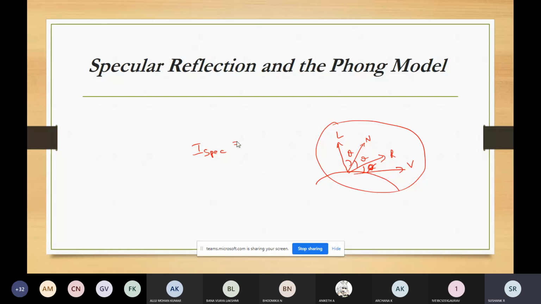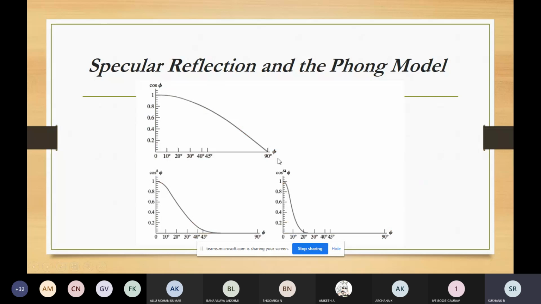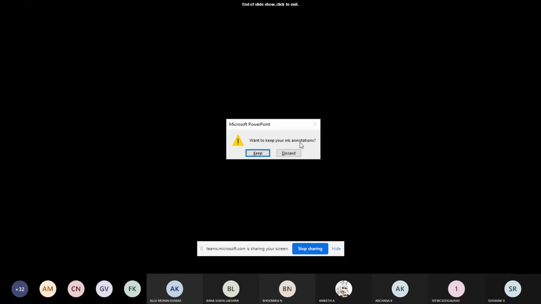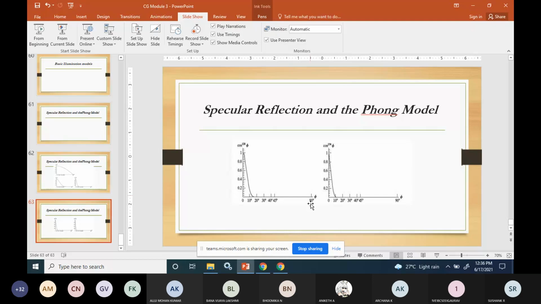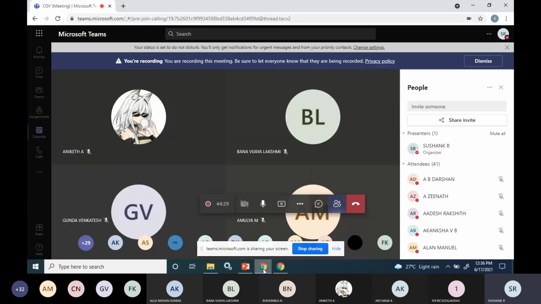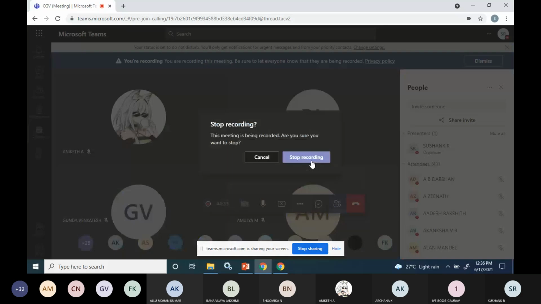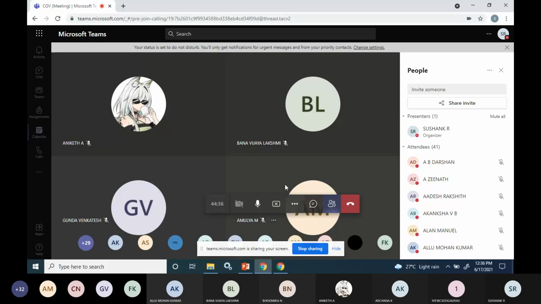Okay, I'll just stop the class now. In the next class we'll talk about this specular reflection. Any doubts?